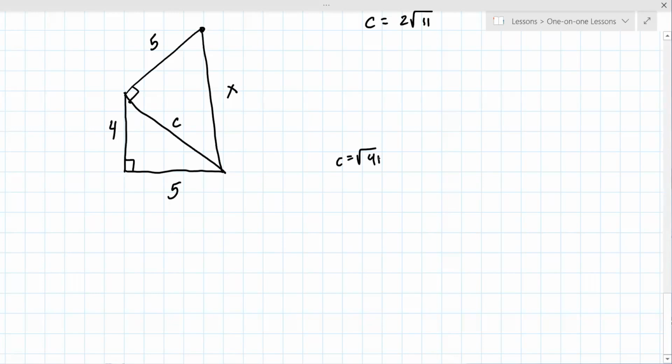So it should be 41 plus 25. So it is just the square root of 66 is what x is. Okay. So you got, does that reduce? It does not. It does not.